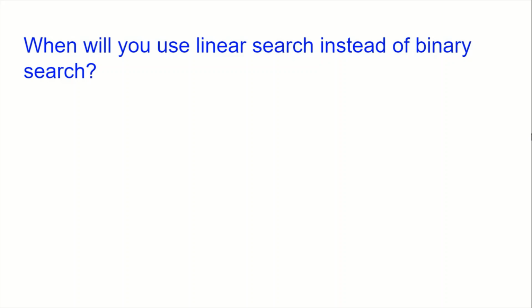If the array is sorted, we can use binary search. And sometimes if the array is not sorted, because we need to search again and again, it will make sense for you to have the array sorted first and then do the binary search. Again, for this question, the answer is you use the linear search if the array is not sorted.